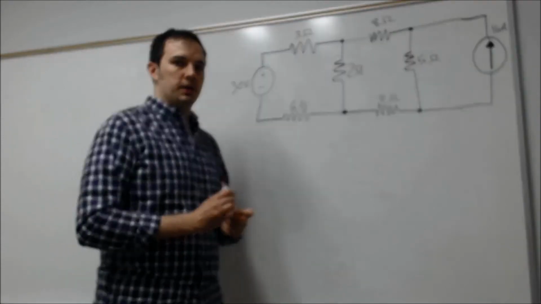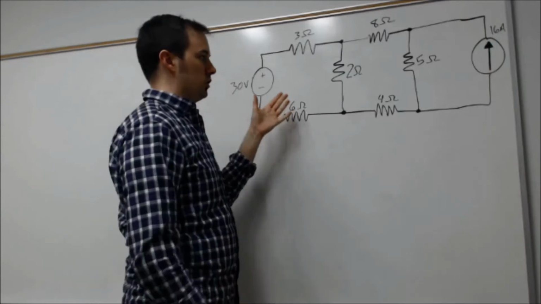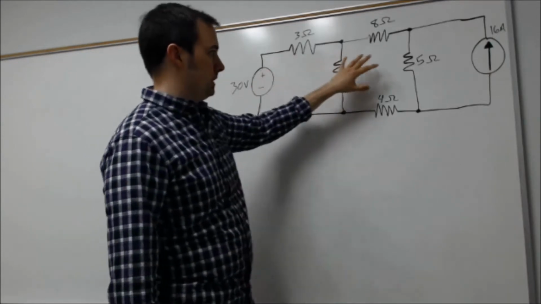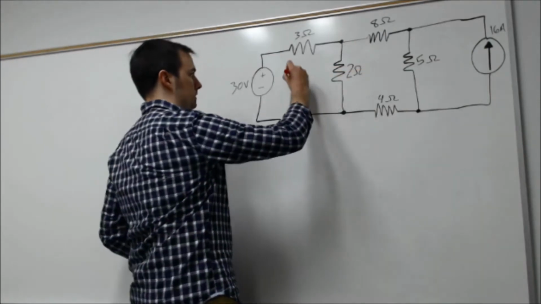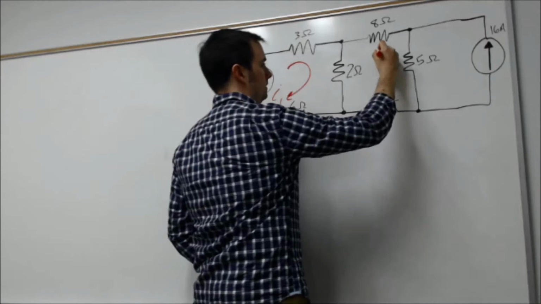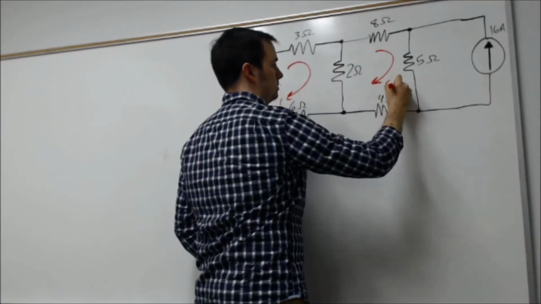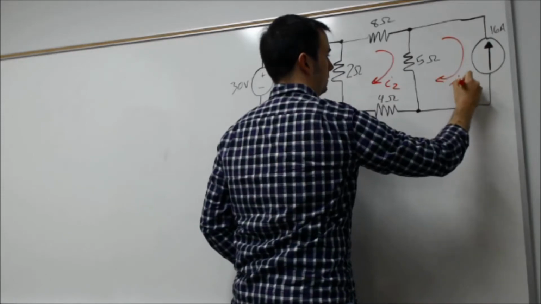So again, first thing in doing our mesh current analysis is to define the mesh currents. You should immediately recognize that we have three meshes here, so we're going to define a given current for each one of these. Let's say this is I1, this one I2, this one I3.